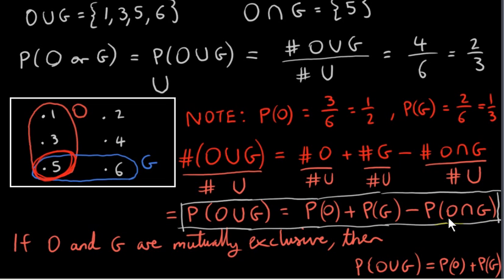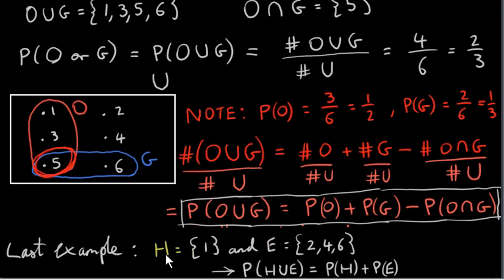There are no elements in it, so this term won't appear. The probability is 0 because the number of elements is 0. Then the probability of O union with G is the sum of the probabilities of O and G.